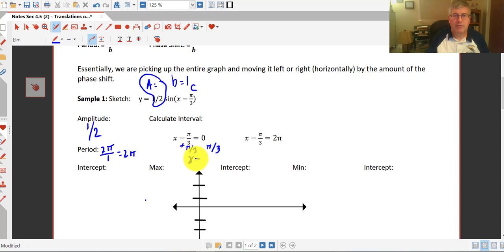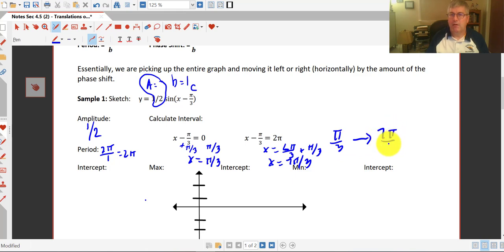So we get x equals pi over 3, and x equals 2 pi plus pi over 3. That would be essentially 6 pi over 3 plus pi over 3, so x equals 7 pi over 3. So our graph now is going to move from pi over 3 to 7 pi over 3.